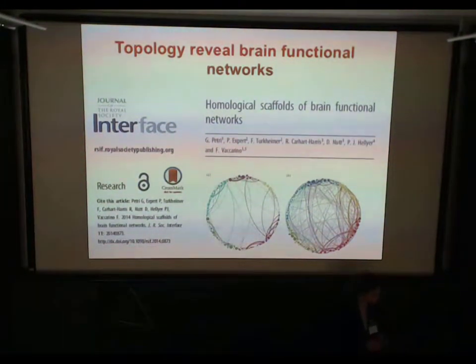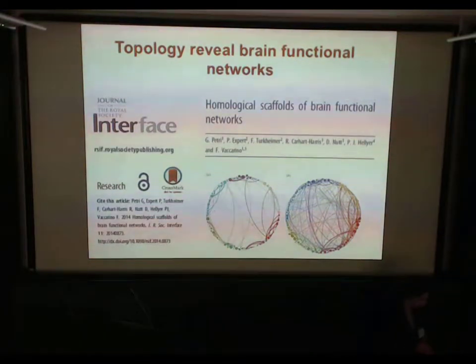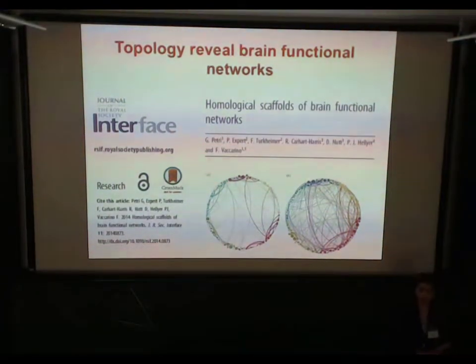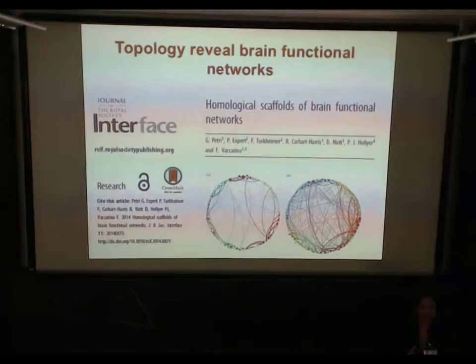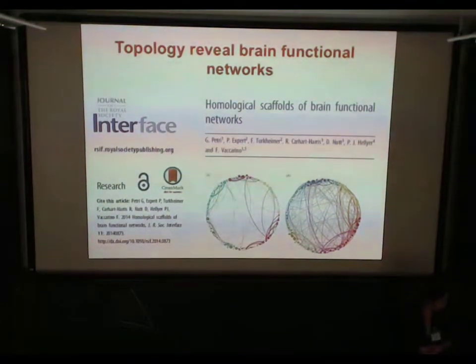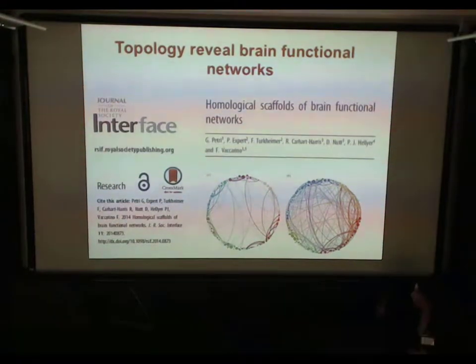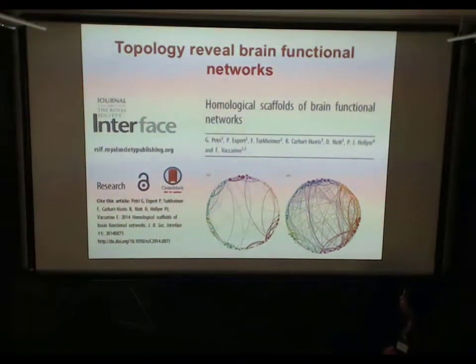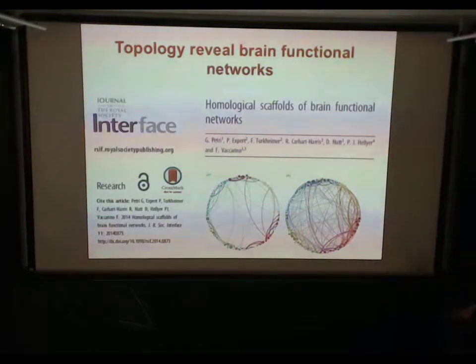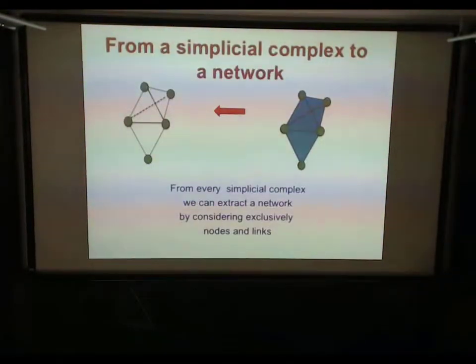So just by putting a threshold on the weight of the link, they introduce this filtration, and then they do a homological study of this, and they find that this topological study is able to reveal differences that other methods are not able to reveal.